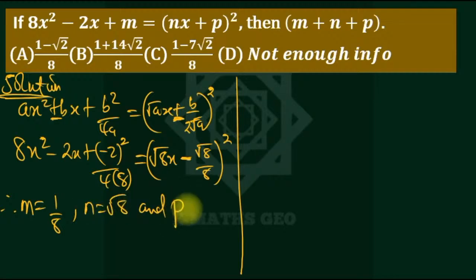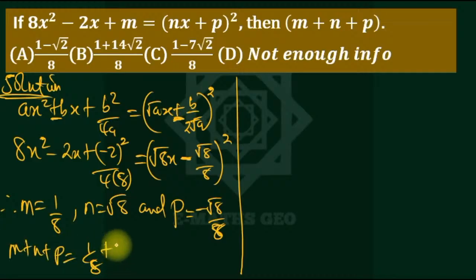And p is, since we have minus here, so we now see that p is minus root 8 over 8. So we were asked to find m plus n plus p, so therefore we have m plus n plus p is 1 over 8 plus root 8 plus minus, that's minus root 8 over 8.